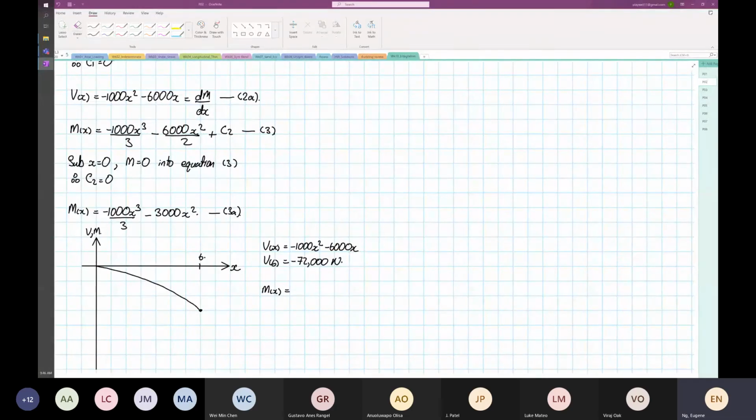So this represents our v as a function of x.